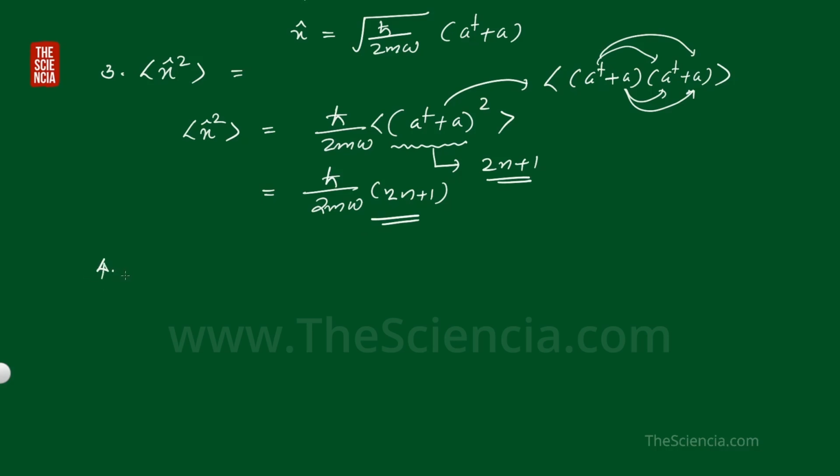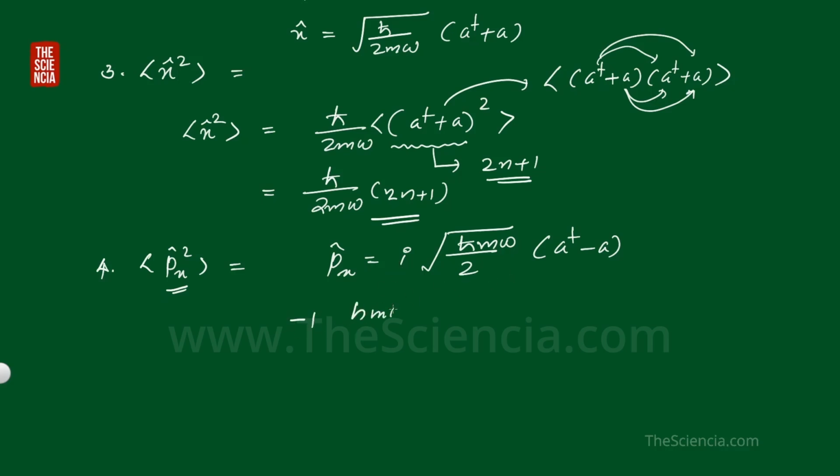Fourth one, expectation value of px square. Here we know px is equal to i into root h cross by 2 m omega times a dagger minus a. We have to take the square of this term, that is, square of i is minus 1, into h cross m omega by 2, into expectation value of a dagger minus a whole square.